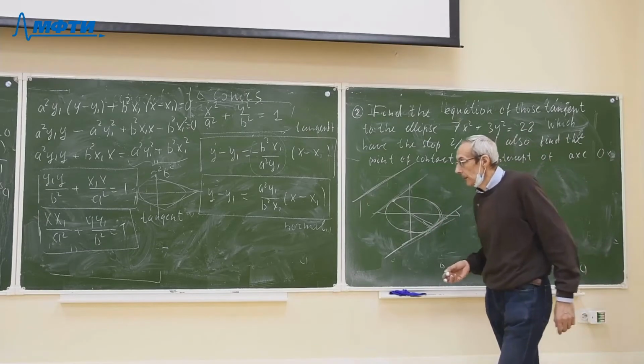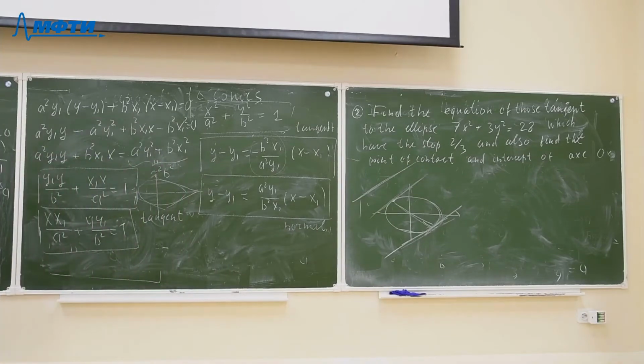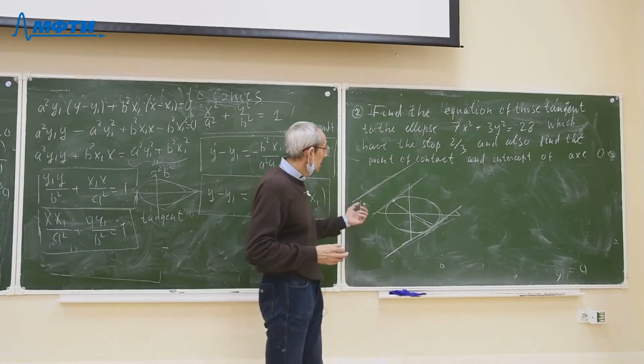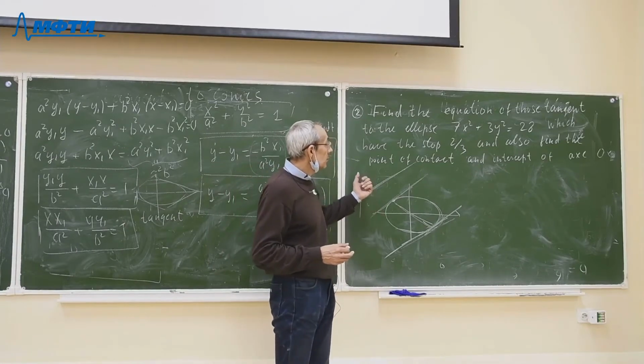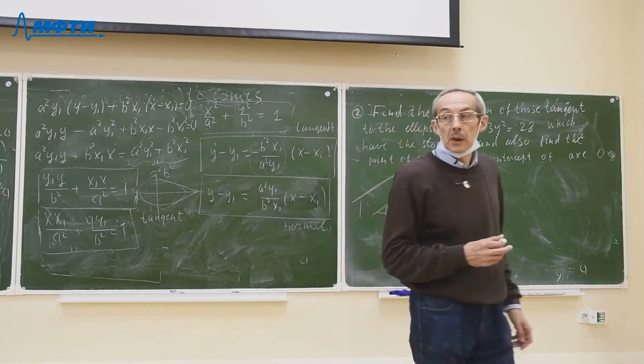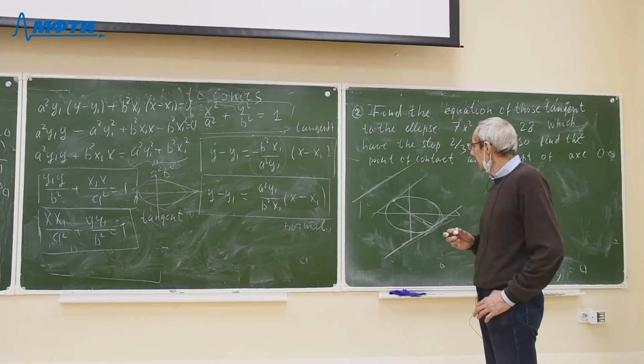And this picture tells us that we must obtain 2 points in which this tangent line contacts our ellipse.